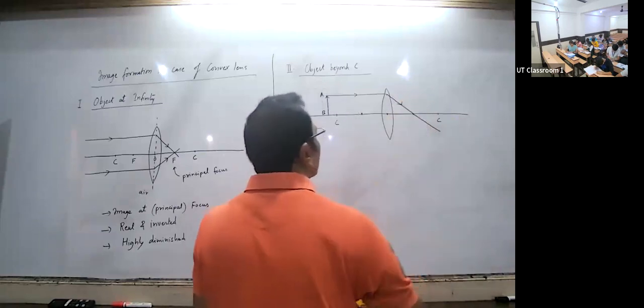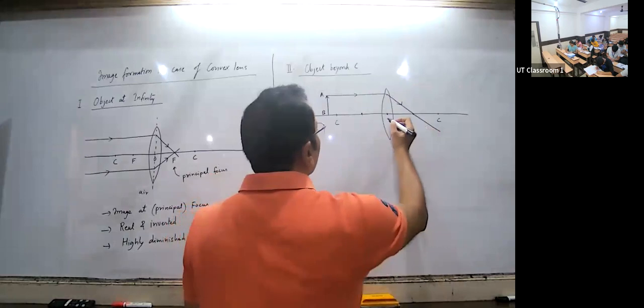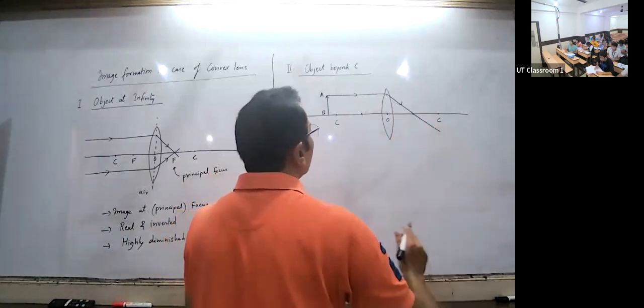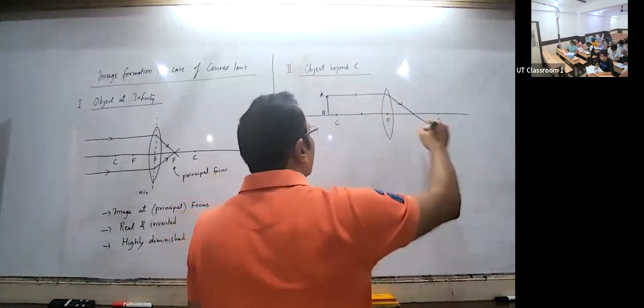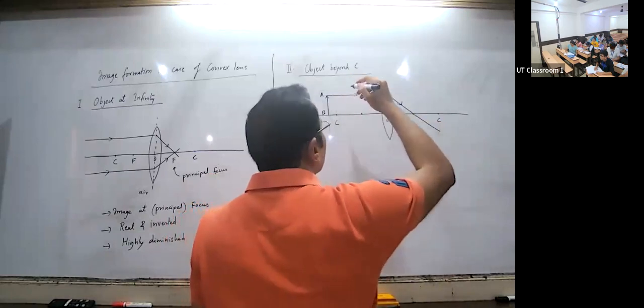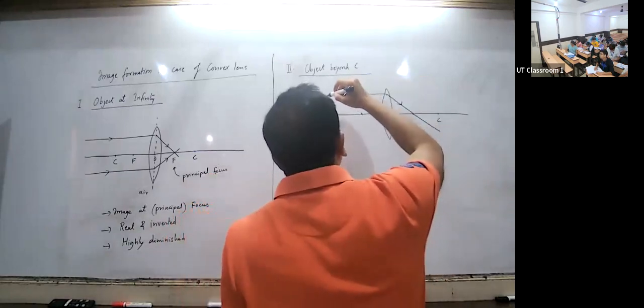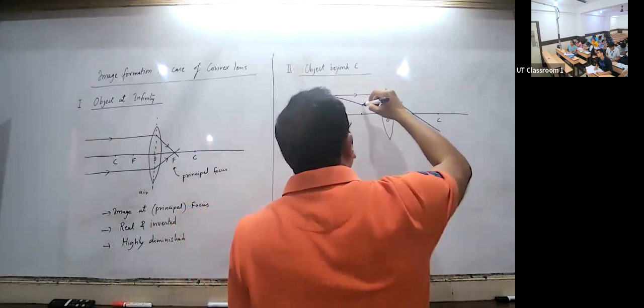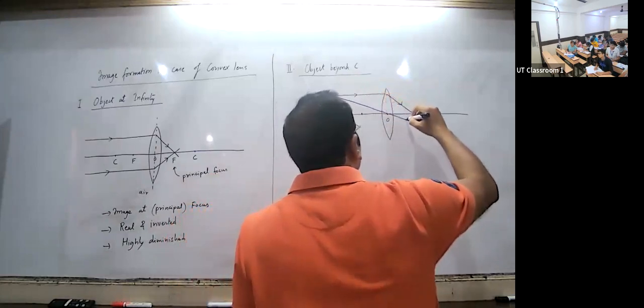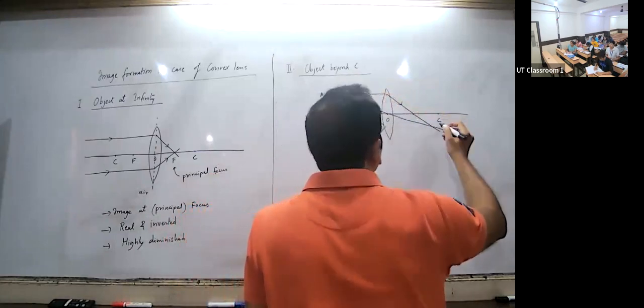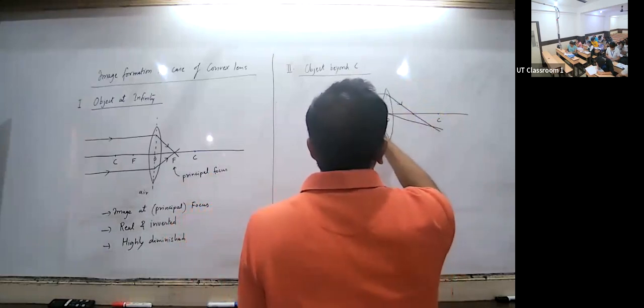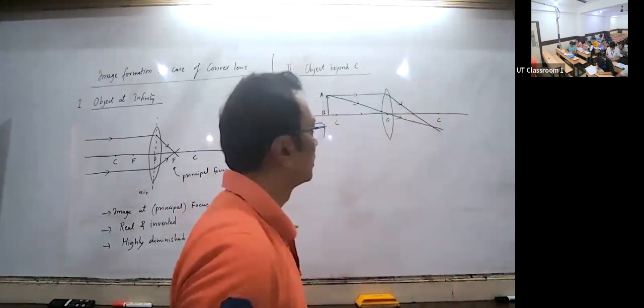The same rules. One ray passes through focus. What about the other ray? Other ray we take from O itself. So where does it go? Okay. So it will pass and deviate.